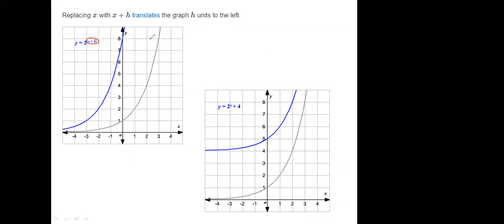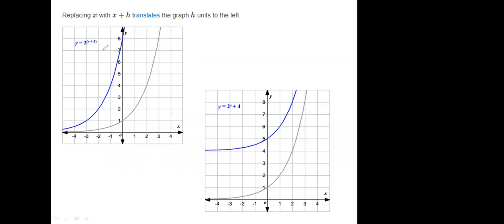So when there is the number in the exponent, plus 3, it moves by that, like it is explained here. If here is 3, that translates 3 units to the left. So for example, from here, 1, 2, 3 to the left, and we get this function. If we have a minus sign here, it will be opposite. It will translate 3 units to the right.